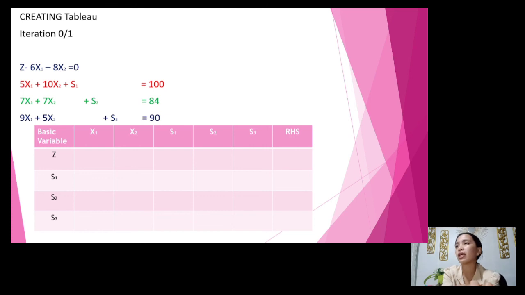So we just simply distribute the numbers: negative 6, negative 8, 0, 0, 0, then 5, 10, 1, 0, 0, and 100.